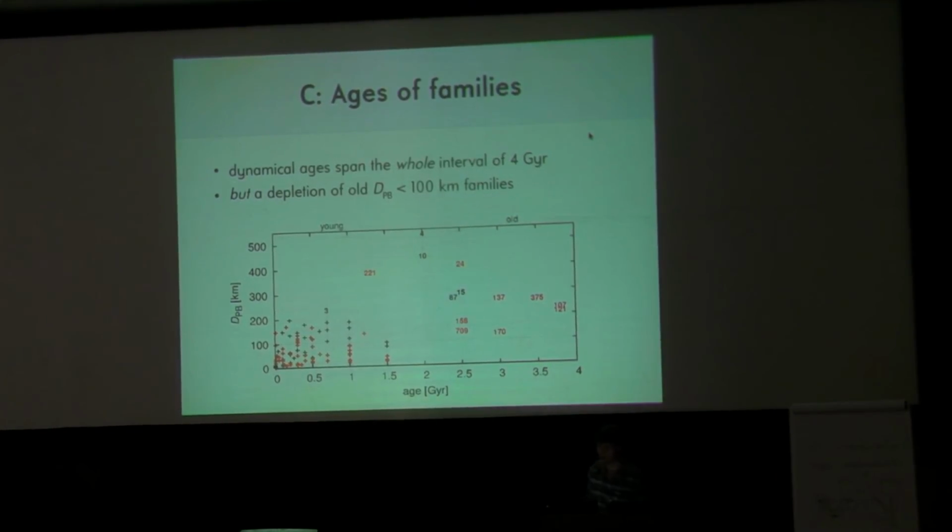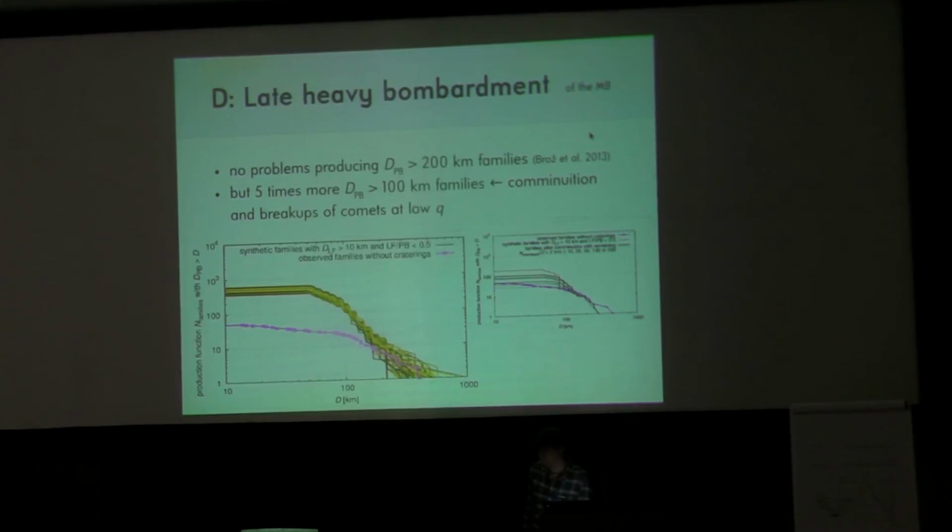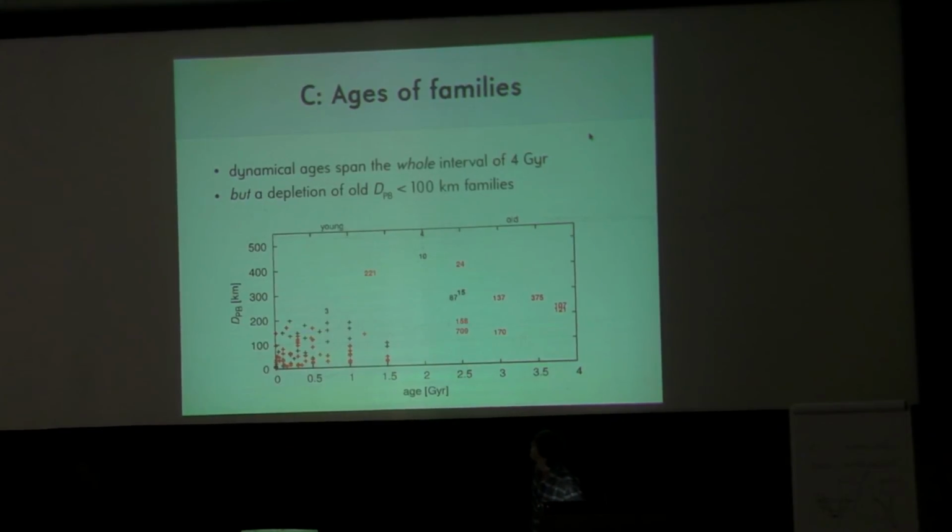We have not found any family which is smaller than 100 kilometers in size and old. It's worth looking for these, or remnants of these families, in the solar system. Maybe something is wrong with our determination. Maybe these ages are somewhat underestimated. I don't know. Of course, there might be systematics all over this figure.